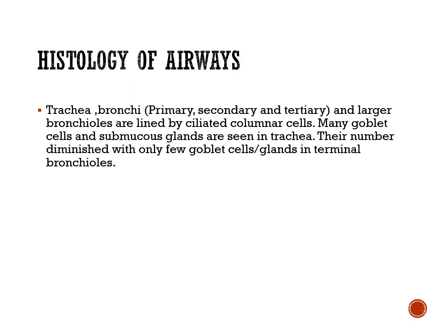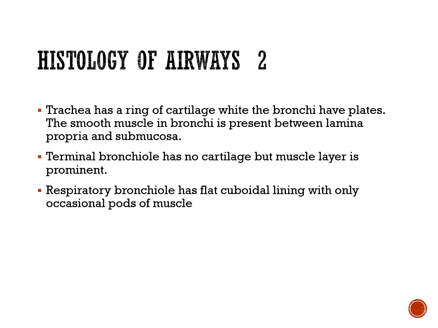When we talk of histology, trachea, bronchi, and larger bronchioles are lined by ciliated columnar epithelium. Many goblet cells and submucous glands are seen in trachea. Their number diminishes with only a few goblet cells and glands in terminal bronchioles.